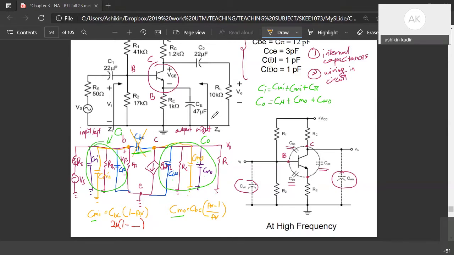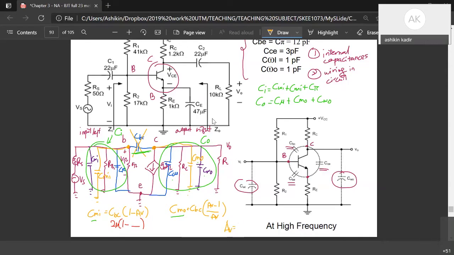AV, from your previous class, if I calculate this correctly, AV should be around 215. Maybe I'm not sure whether I pressed the calculator correctly or not.